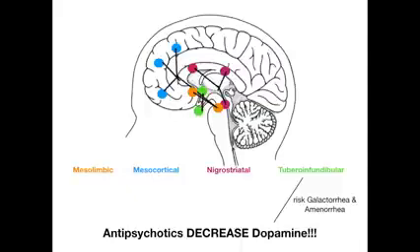Now I want to pause for 1 second. In the mesocortical pathway, I told you that it causes negative symptoms. And when we treat someone with an antipsychotic, you might be thinking, are you always going to worsen negative symptoms? If that's the case, how do we ever treat schizophrenics and fix their negative symptoms? The truth of the matter is that positive symptoms will go away before negative symptoms do. And negative symptoms really tend to stick around.